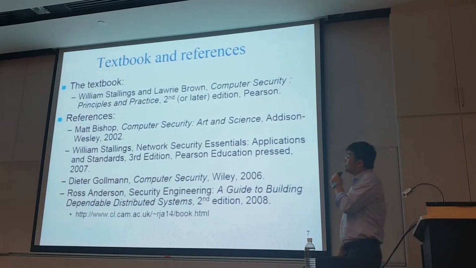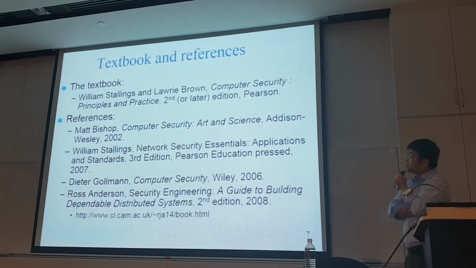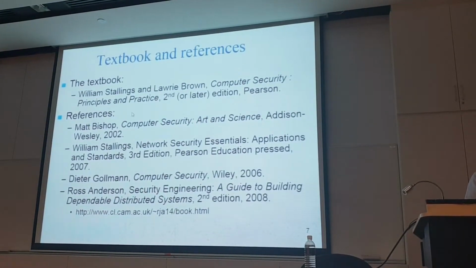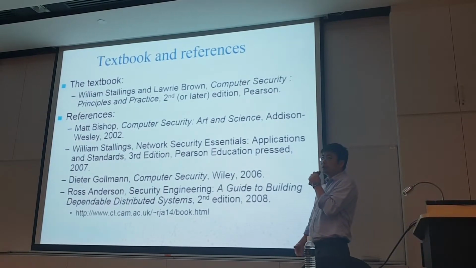The textbook for this subject is from William Stallings and Lawrie Brown. We use all the security books written by William Stallings. For this subject, we will use the book Computer Security: Principles and Practice. The latest edition is the 4th edition, and I think it's available in the bookshop in SIM.